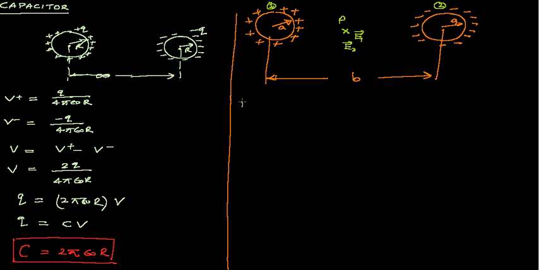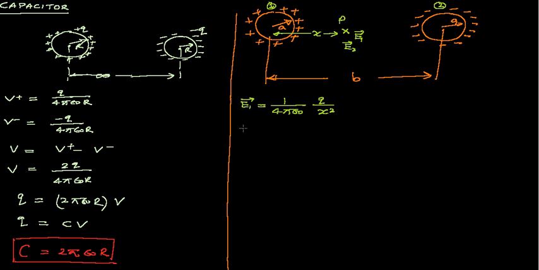So E1 will be equal to 1 by 4 pi epsilon naught Q by x square. x is the distance between the center of a sphere and this point P.